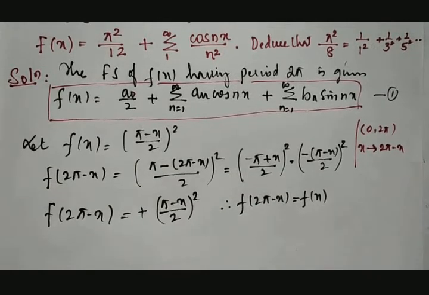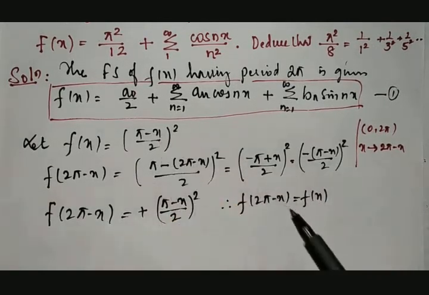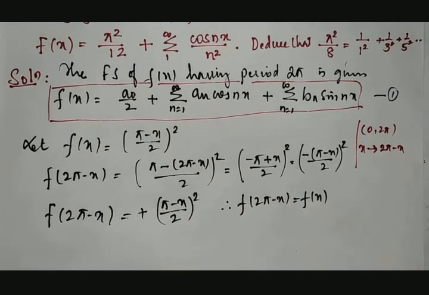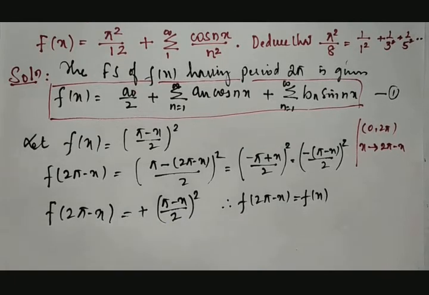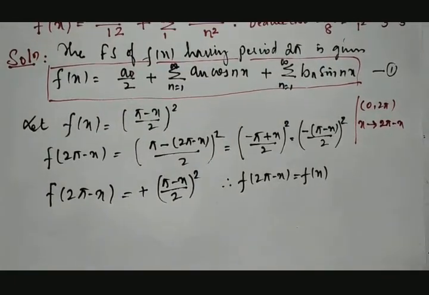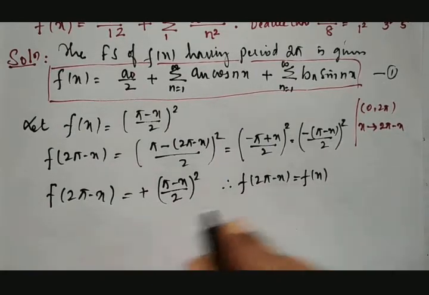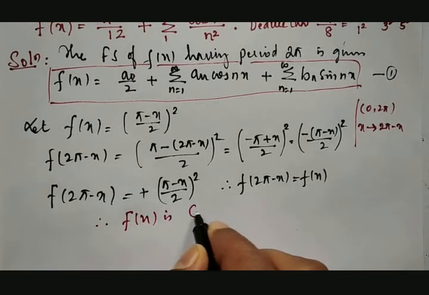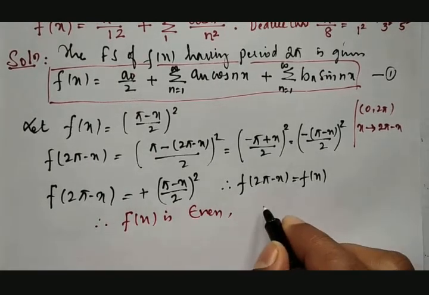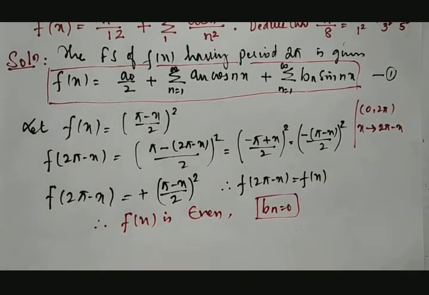Because most of the time students suddenly say, when minus is taken out, this is equal to minus of f of x and the function is odd. No, it is not an odd function, it is an even function. Why is it an even function? Because that minus sign is inside the square. Therefore f of x is even. If f of x is even, then bn is equal to 0. Remaining a naught and an can be calculated.